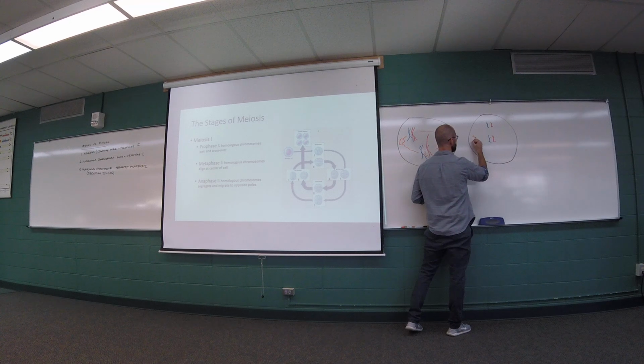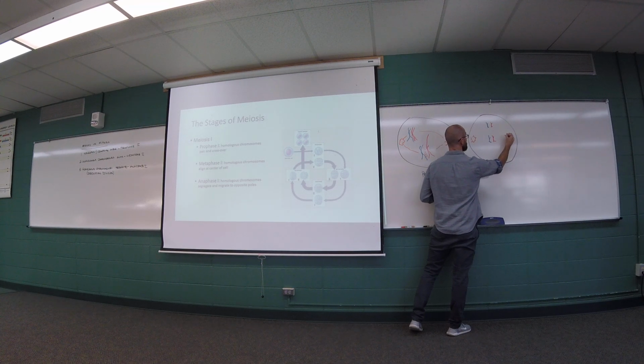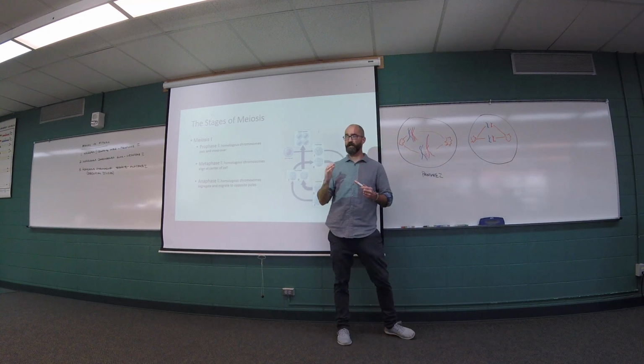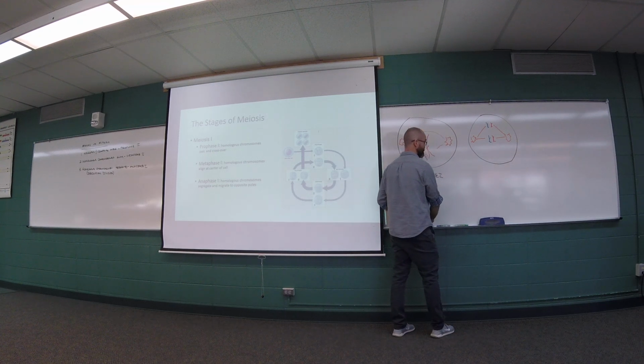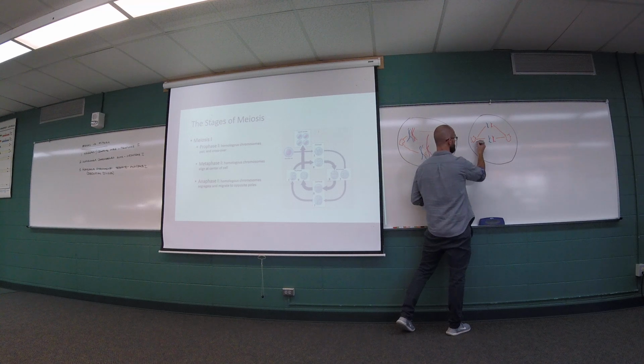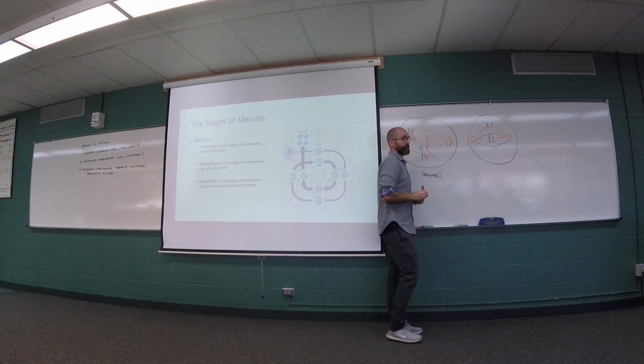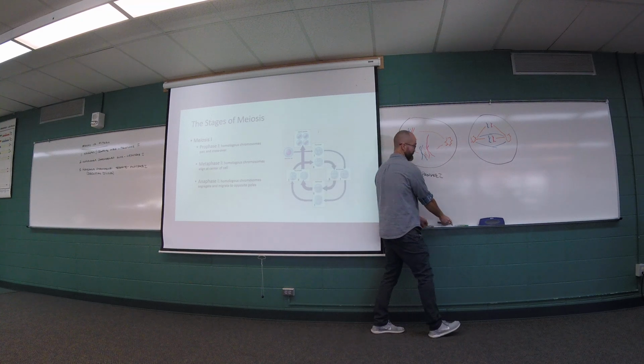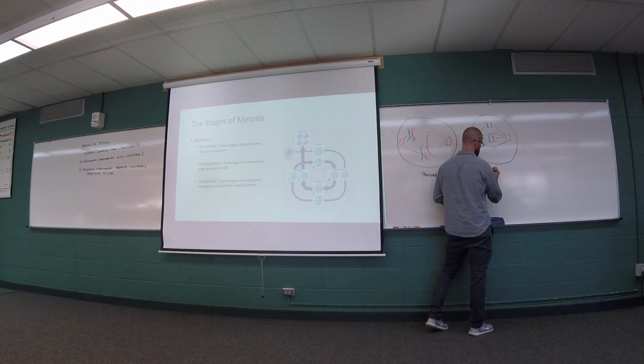Like so. And then we still have those other microtubules that grow out from the centrioles, right, that act kind of as anchors that attach to each other. So this is metaphase 1.